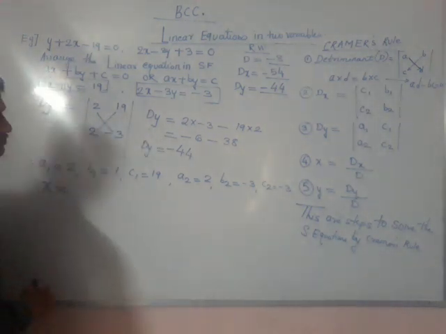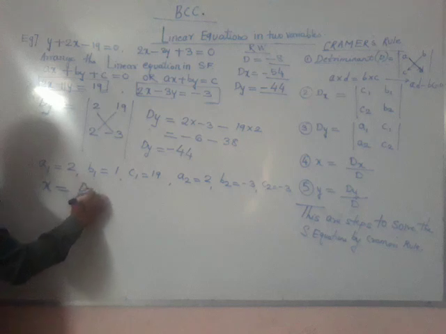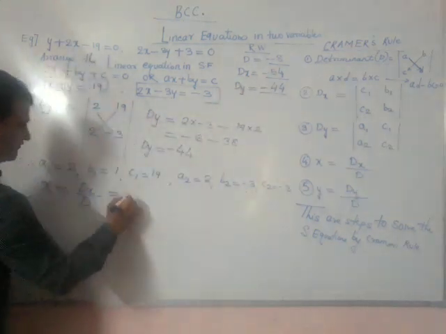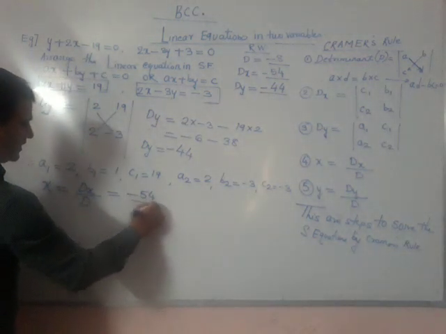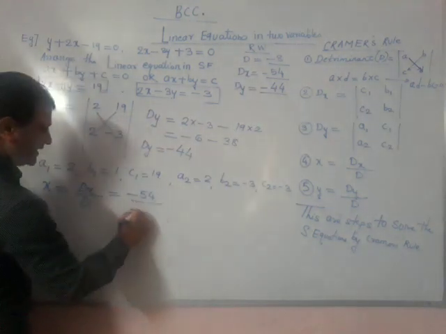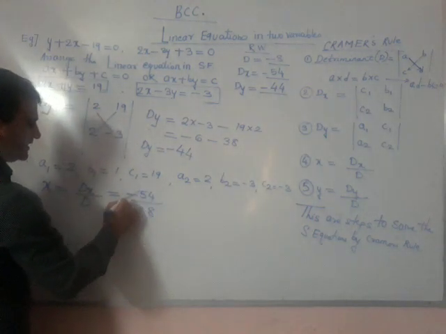Now let us calculate step number 4, means the value of x. X is equals to dx upon d. That means what is the value of determinant x? -54. Yes, you are right. Upon d -8. Yes, minus cancel.